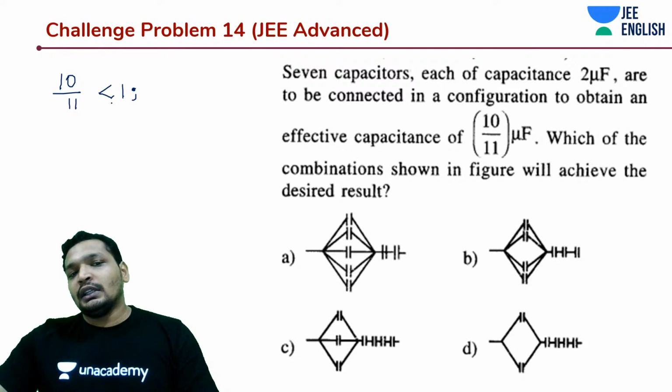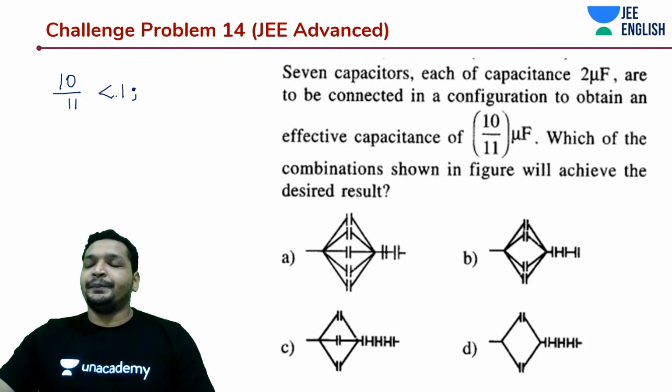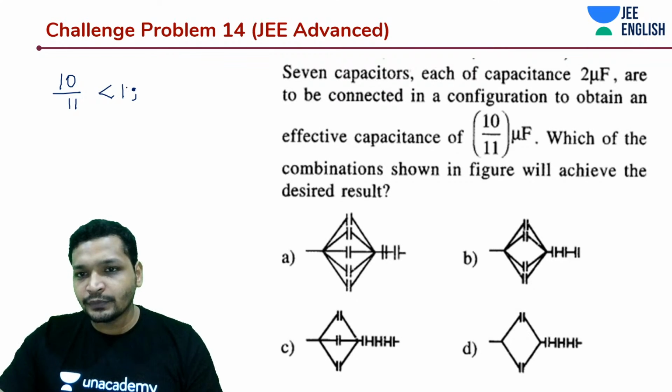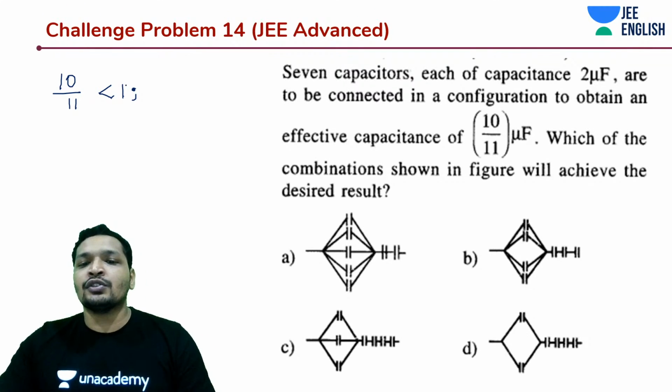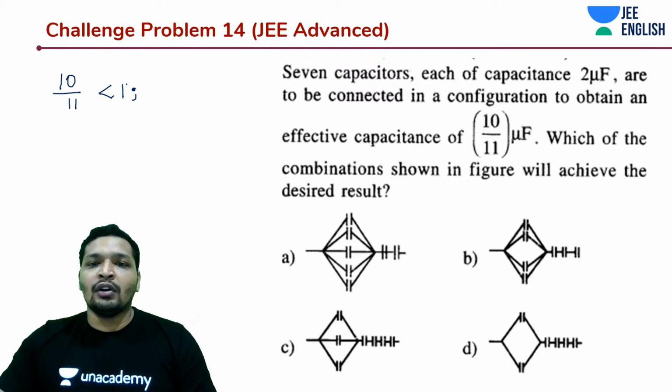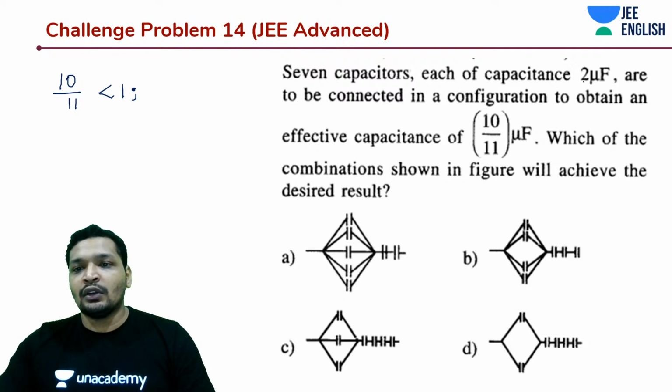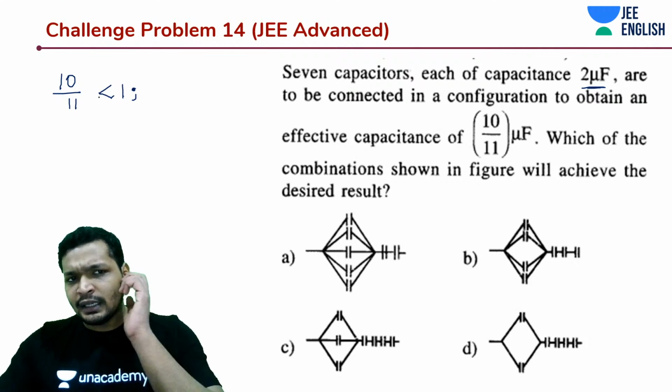So 10 by 11 is less than 1. So in these kind of problems, you can understand that most of your capacitors are 2 microfarads. If more than, let's say less than 10, but a little near about 1.